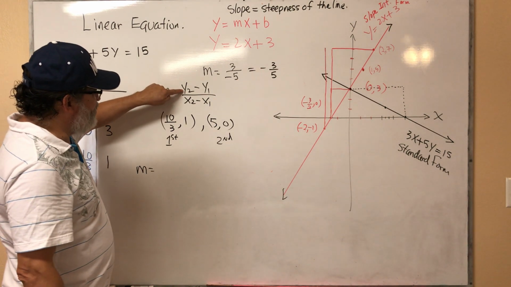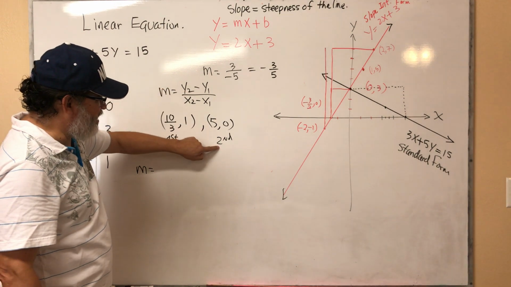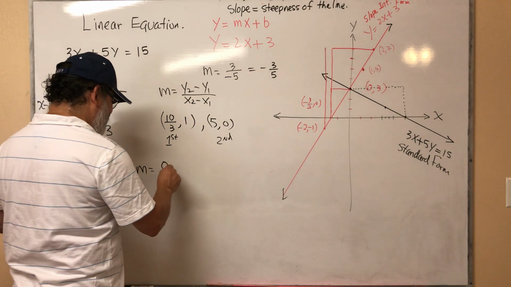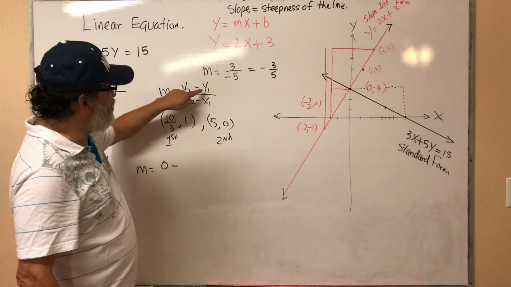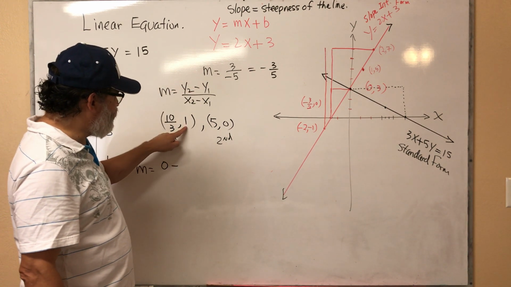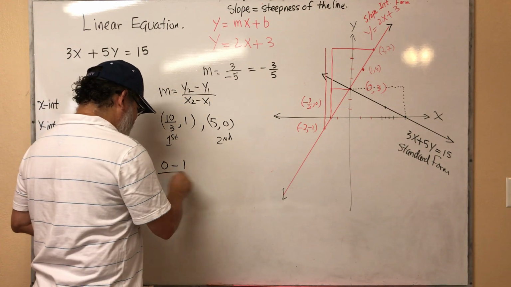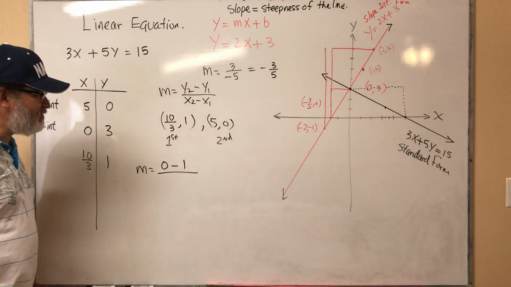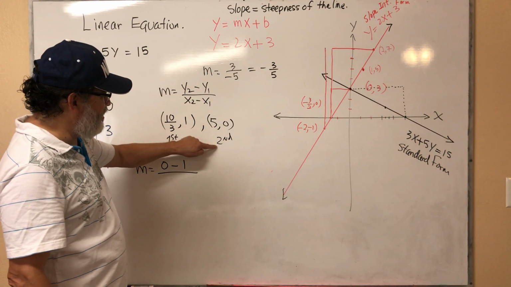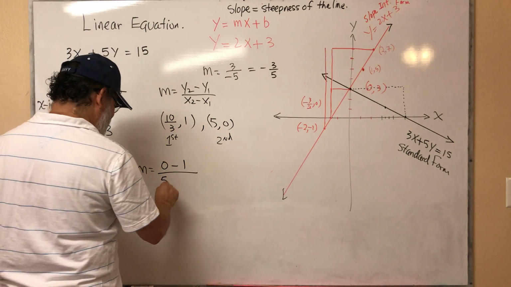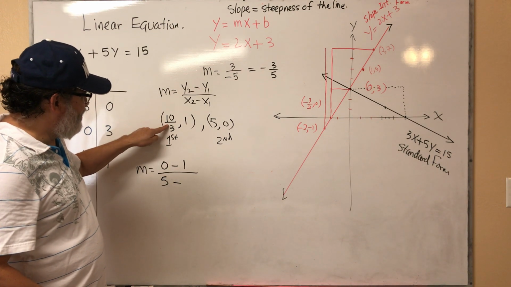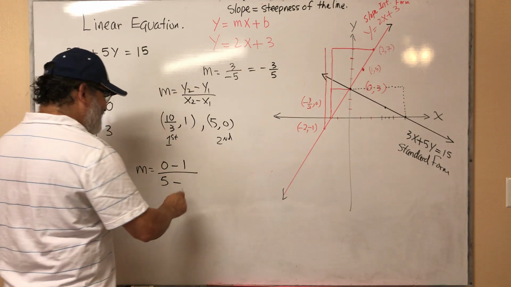The y-coordinate of the second is 0, minus the y-coordinate of the first, 1. Then the x-coordinate of the second, 5, minus the x-coordinate of the first, 10/3.